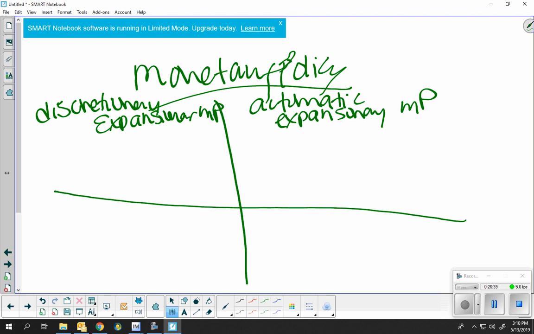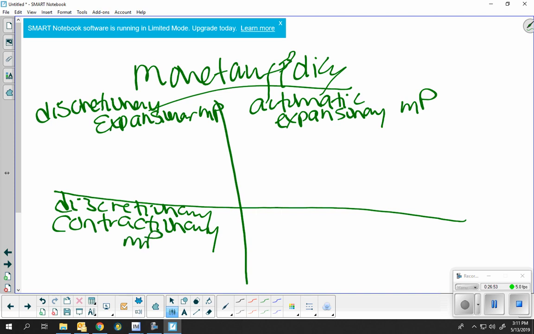When you have a college degree, you can draw lines however you like. Discretionary, contractionary, monetary policy, and automatic, contractionary, monetary policy.